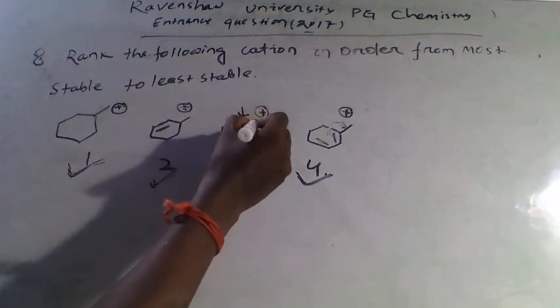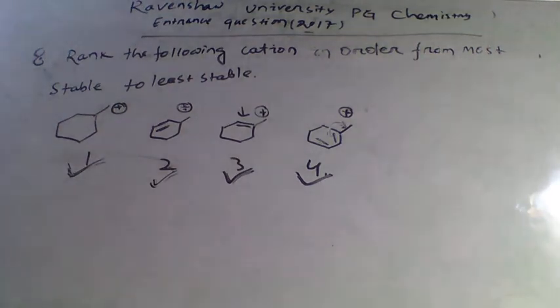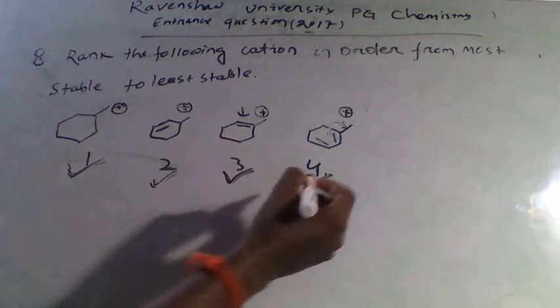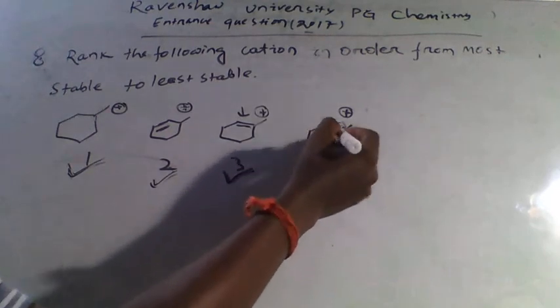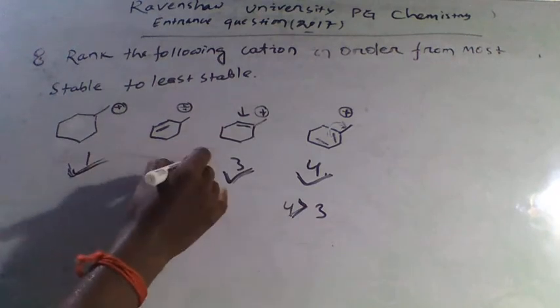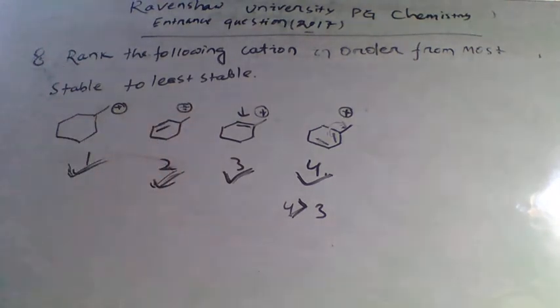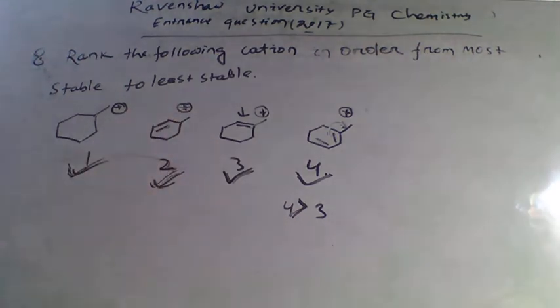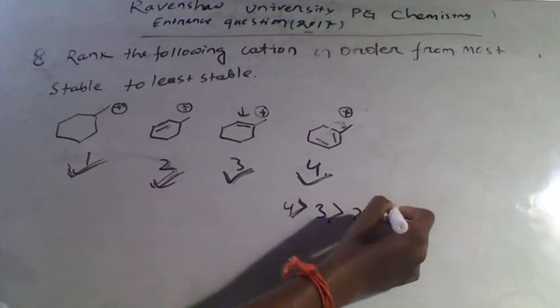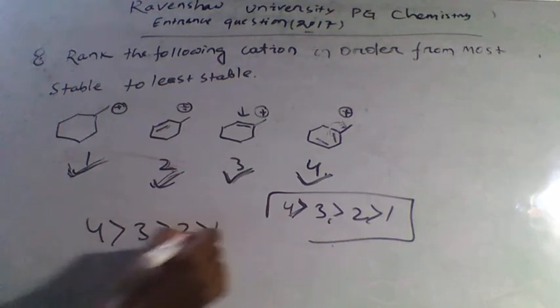Compound 3 has 1 pi bond, and it also stabilizes the carbocation. Comparing 4 and 3, 4 is more stable because it has 2 pi bonds. Now comparing 1 and 2, 2 has 1 pi bond, and although it does not take part in conjugation, it has a more electron rich center, so 2 is more stable as compared to 1. So the correct order is 4, 3, 2, 1.